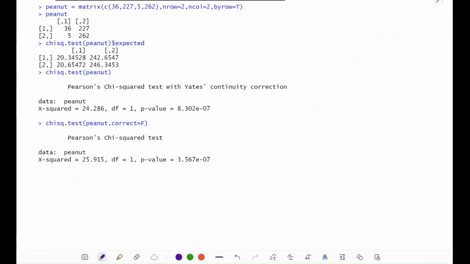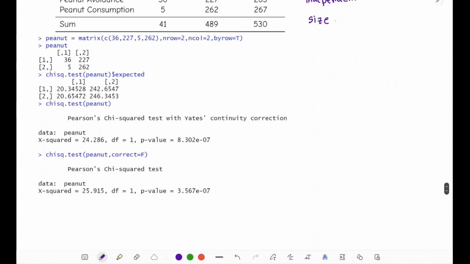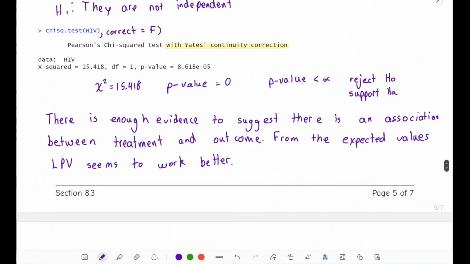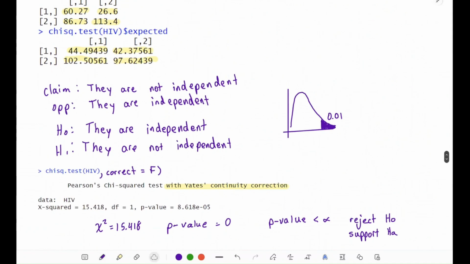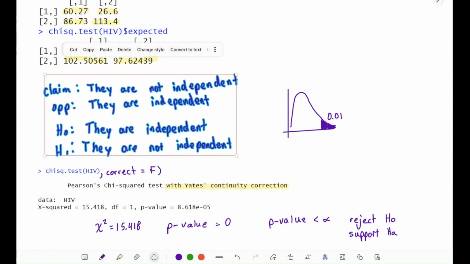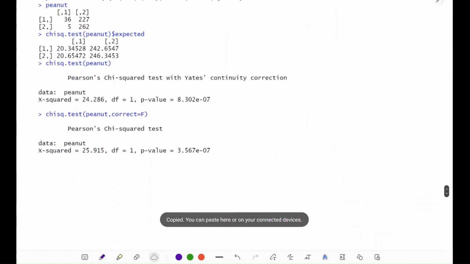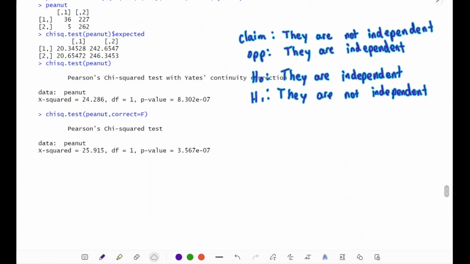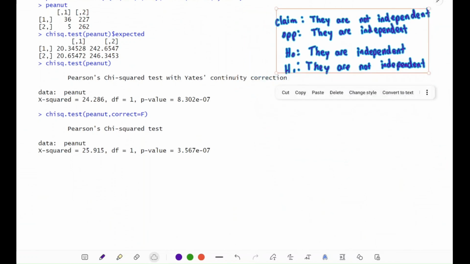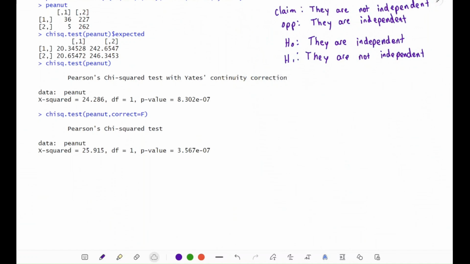So as I said before, we meet the size requirements. The claim and everything's the same as before, so I'm going to kind of just cheat and copy and paste it. So there we go.